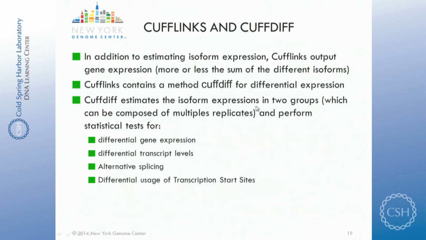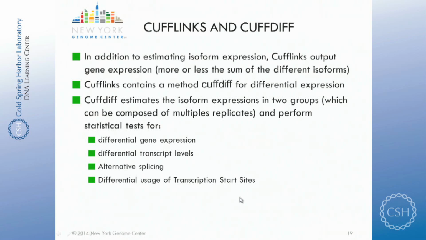You would provide the set of alignments for one condition and the set of alignment files for the second condition, and it will estimate the isoform expression and perform statistical tests for differential gene expression between the two groups, differential transcript level between the two groups, alternative splicing, and differential usage of transcription start site.